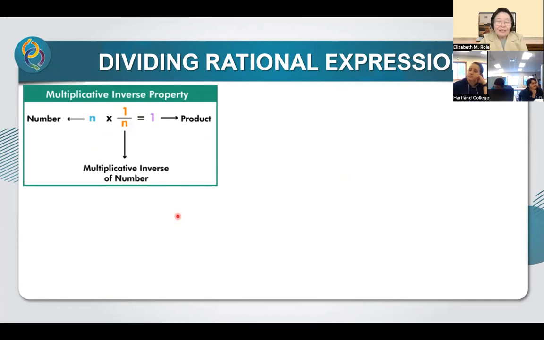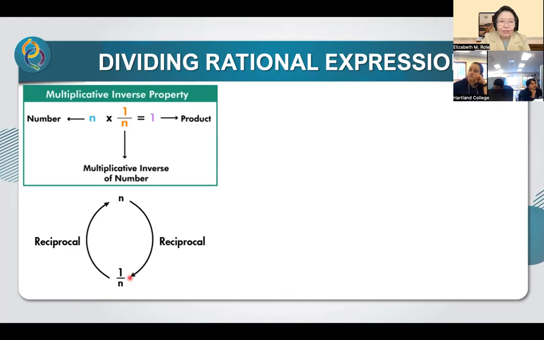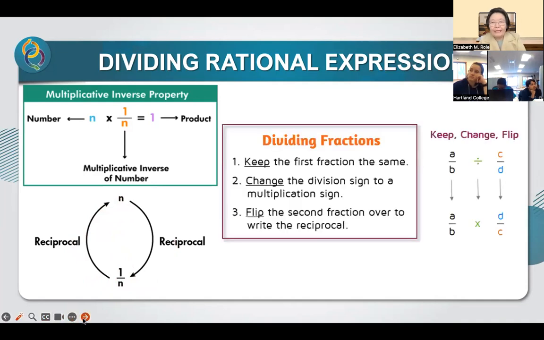So we will make use of this understanding in dividing rational expressions. n is the reciprocal of 1 over n, and 1 over n is the reciprocal of n. So the understanding of reciprocal is very important.